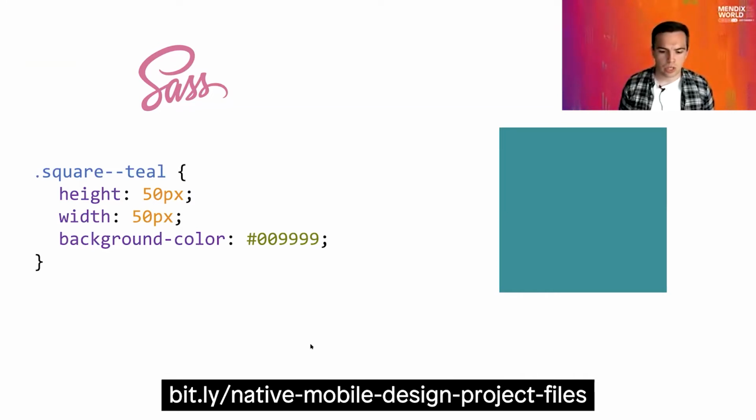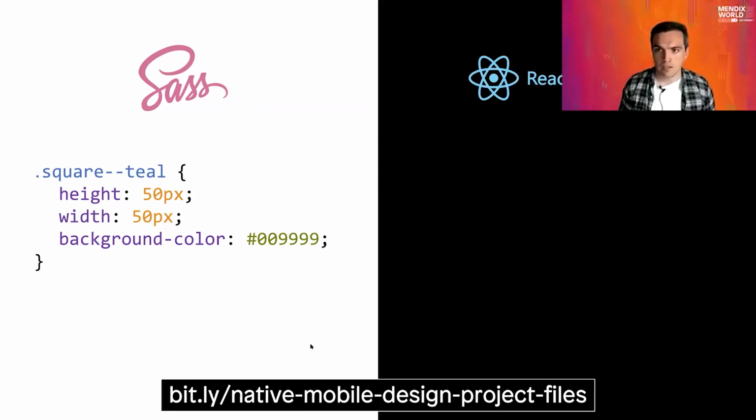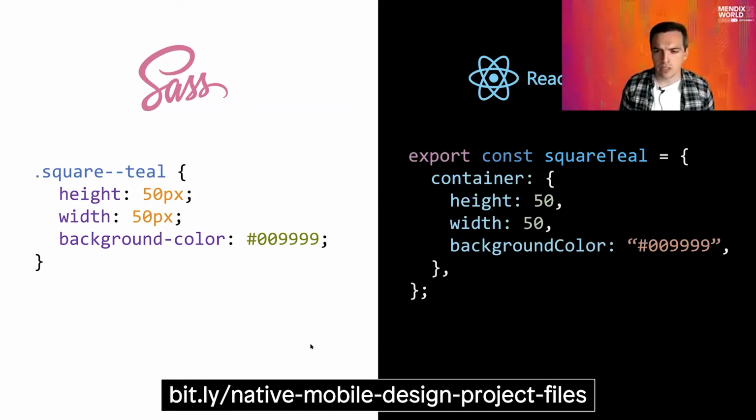So if we switch over to our native representation of this, you notice it looks pretty similar to CSS, right? In general, the rules for the height, width, and background color do the same things, and they match how CSS works on the web.